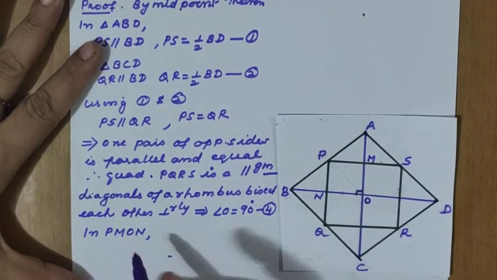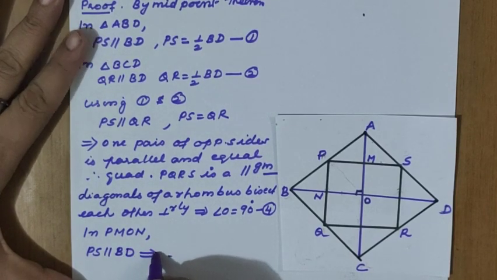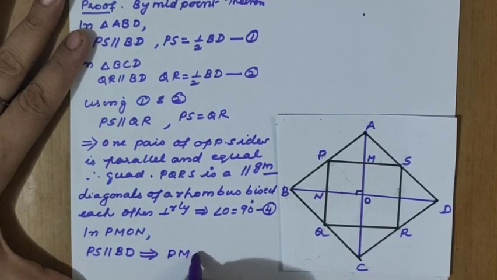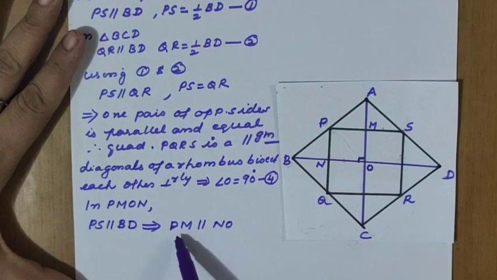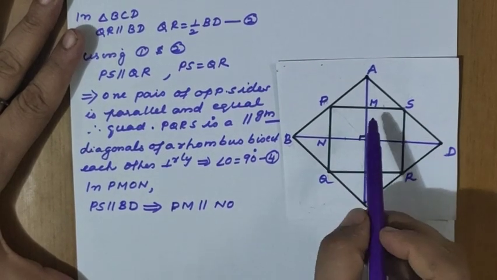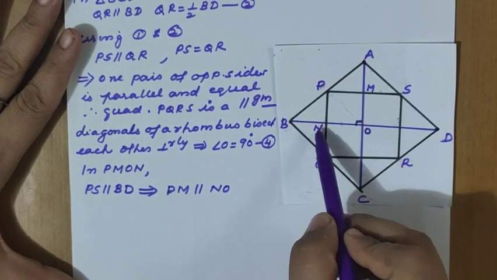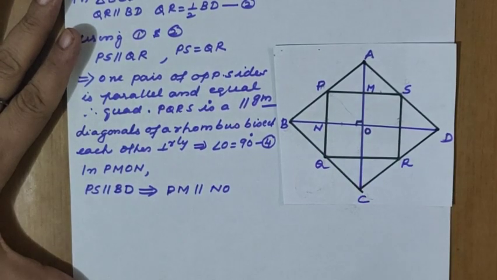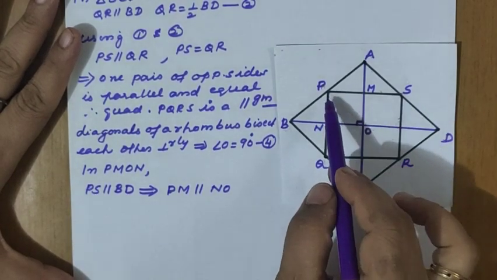PS parallel to BD implies PM parallel to NO. What is the reason for this one? PM is parallel to NO because PM is a part of PS and NO is a part of BD only. Similarly, we can write OPQ.